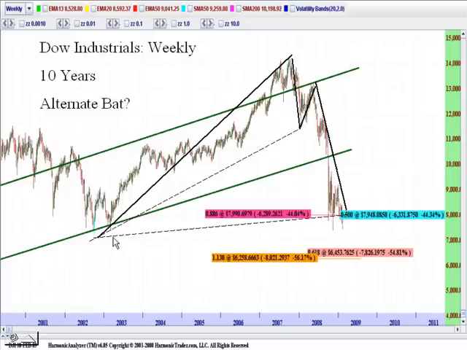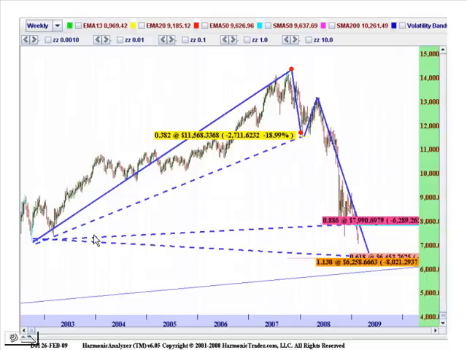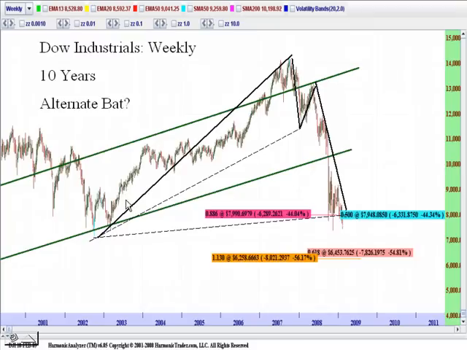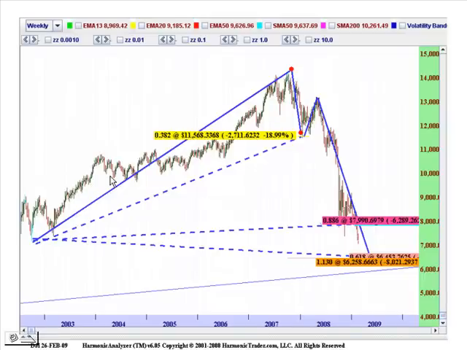The 113 extension off of the 2002 low, sorry, actually here, let's go to the next one. This shows it better here. Off of this low, the 113 is at 62.58. So essentially between 62.50 and 64.50, we have several things that are converging here.